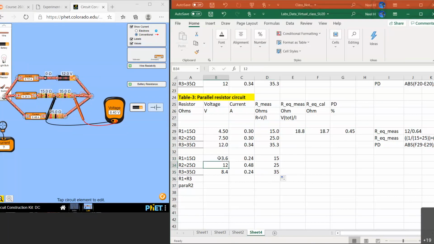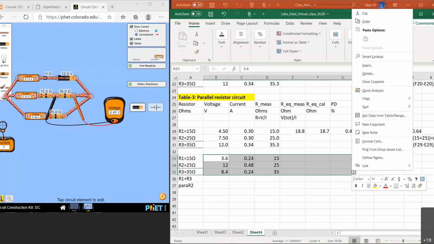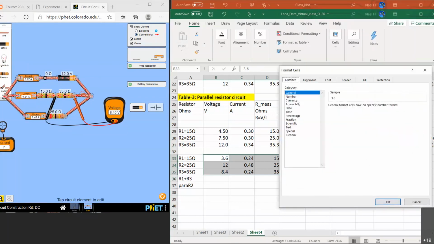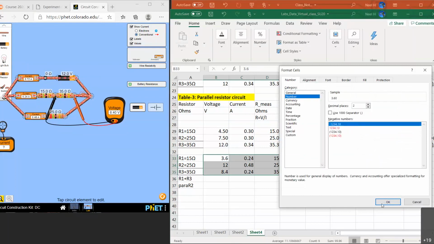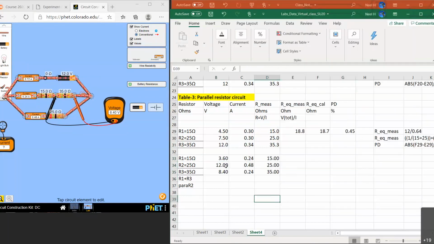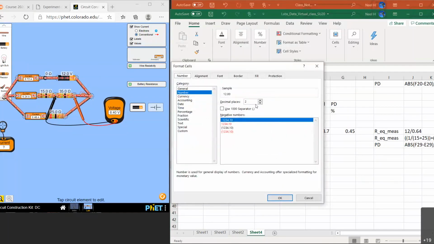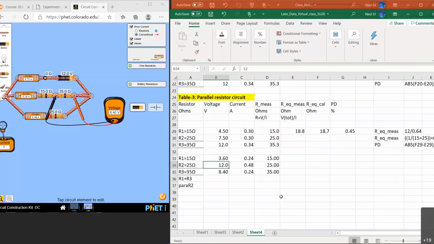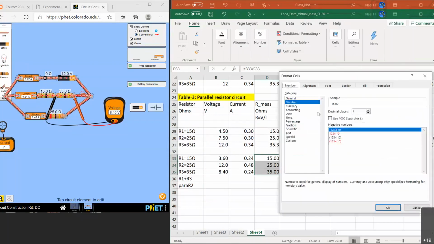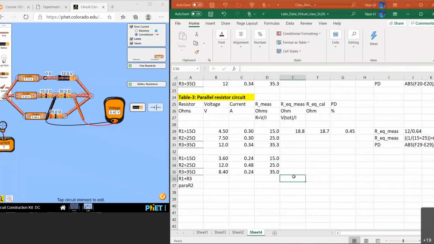I need at least 2 decimal places for each case. But in some places you can see more decimal places appear, then you have to go back and reformat, decrease by 1 decimal place, then you're going to get 3 significant figures correctly. I need only 3 significant figures, okay? Good.